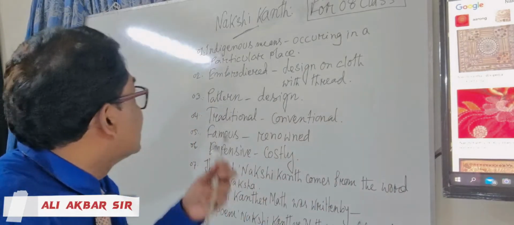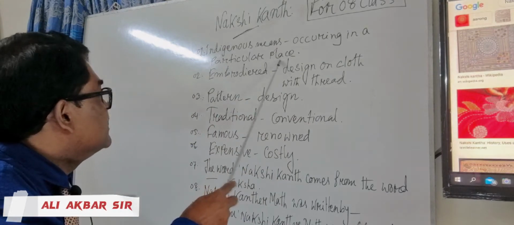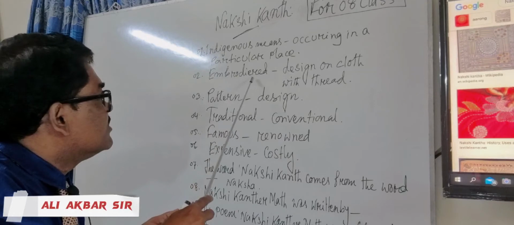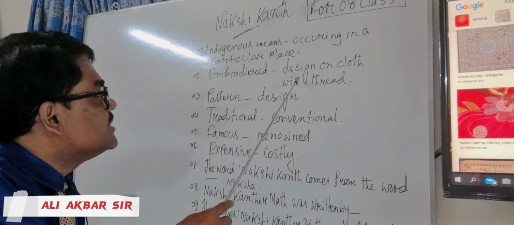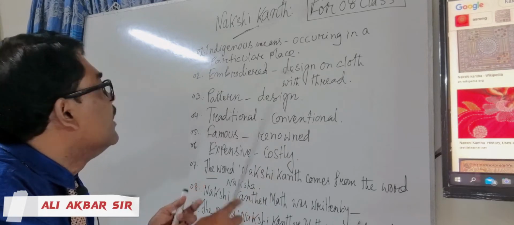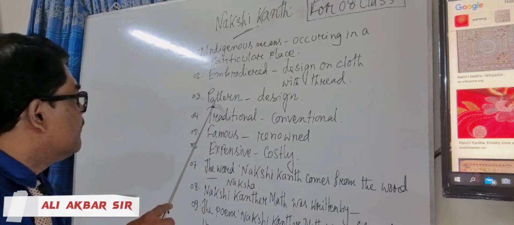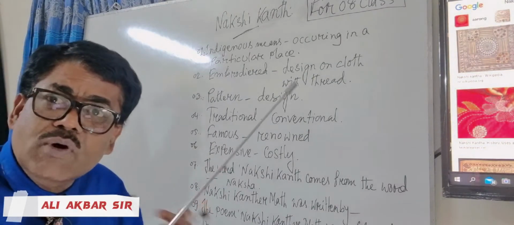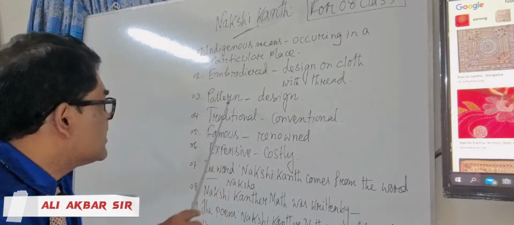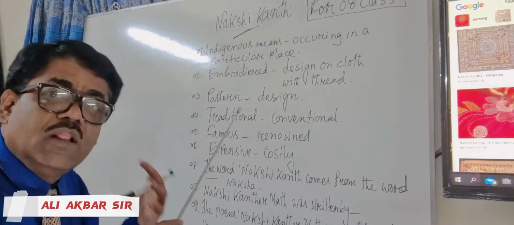Next, what is the meaning of embroidered? Embroidered means design on cloth with thread. Students, next word, pattern. You know what is pattern? Pattern means design. Students, next, traditional.